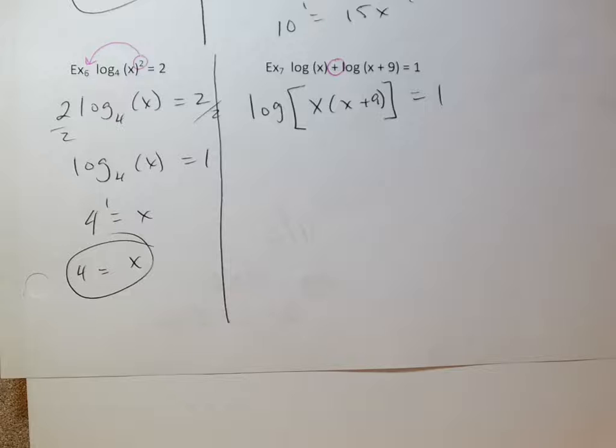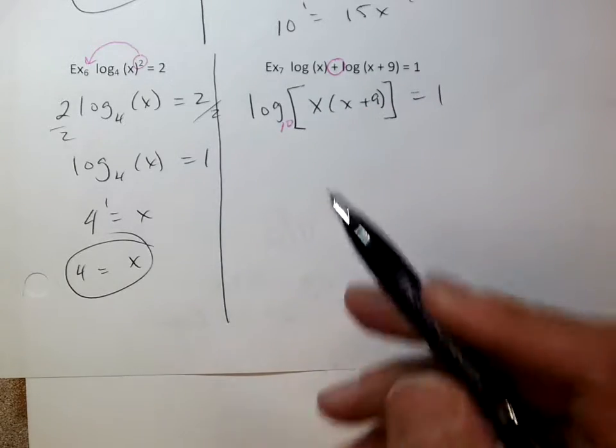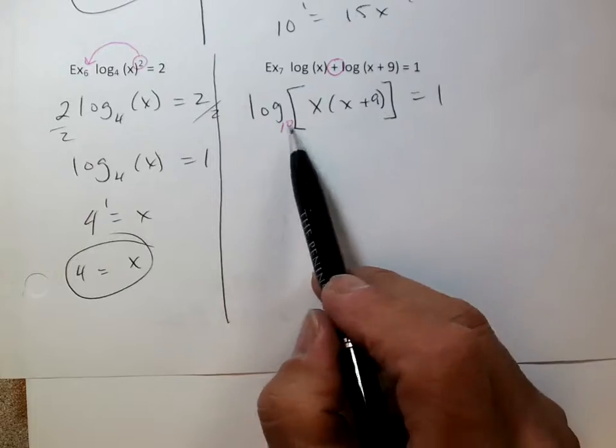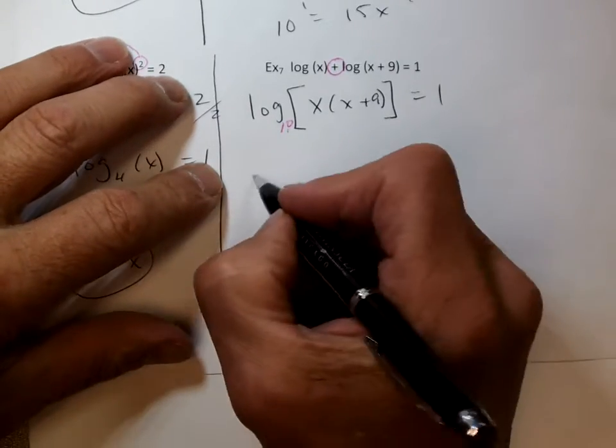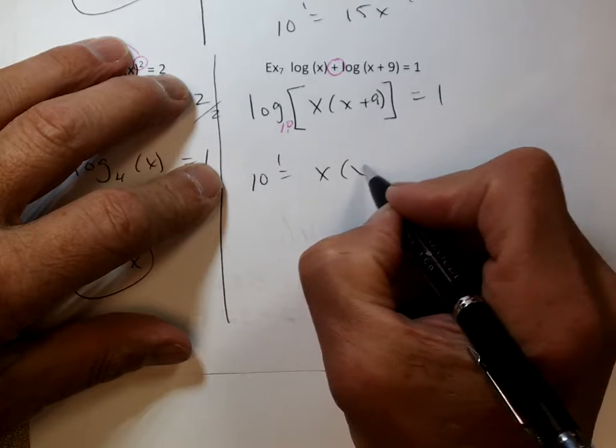Because if I want to solve, I've got to get down to a single log. There's an invisible base. What's my invisible base? 10. So we're going to go 10 to the 1 power equals what's inside, so 10 to the 1 power equals x times x plus 9.